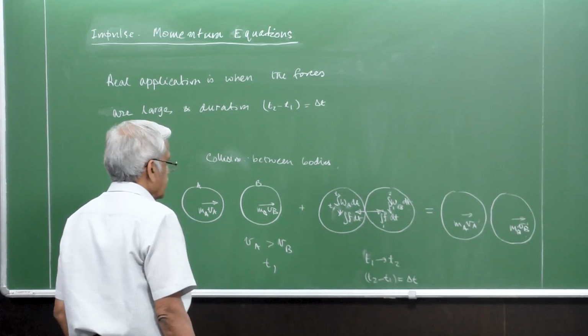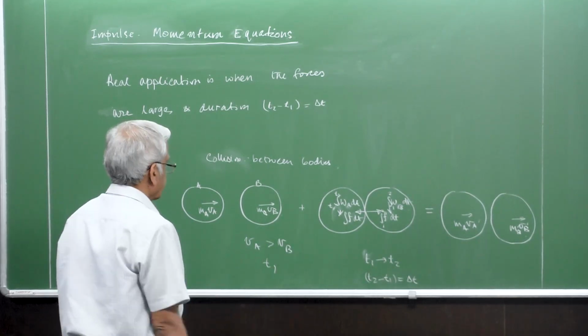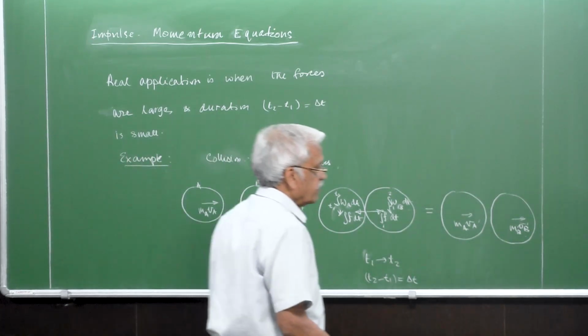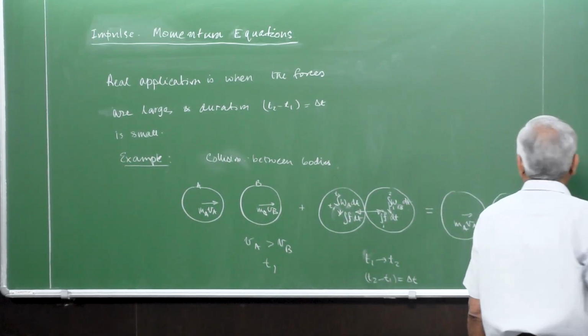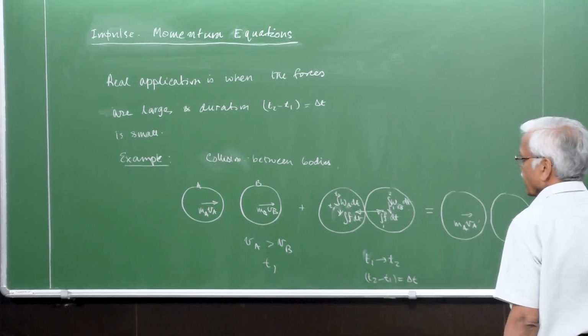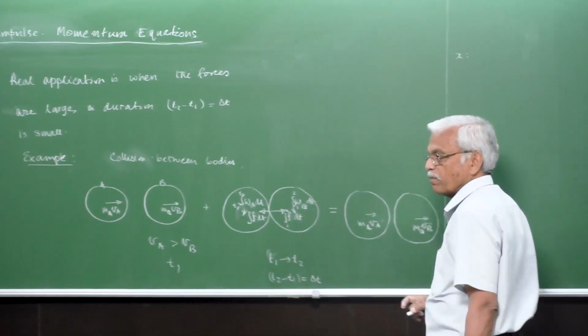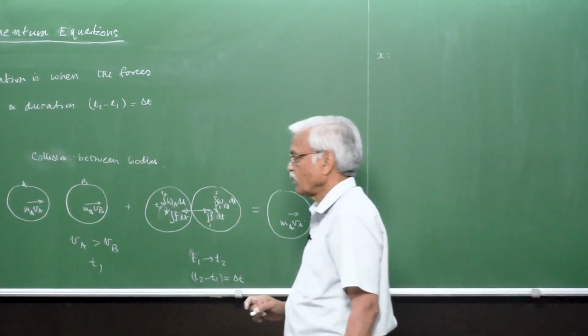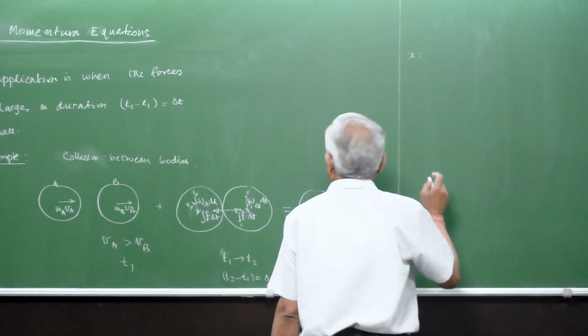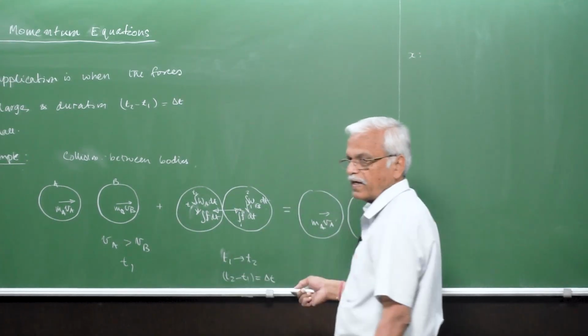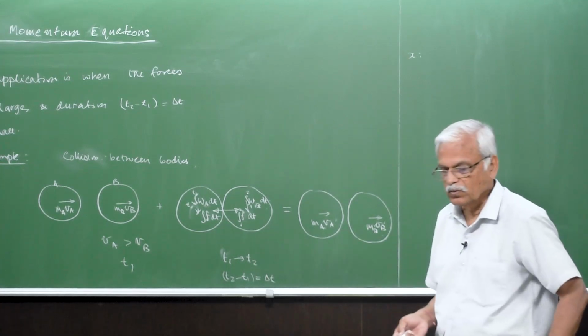So one of the things is that the first equation can be applied here. If you have the balance in the x direction, we will apply it for both the bodies together. We can always do that.